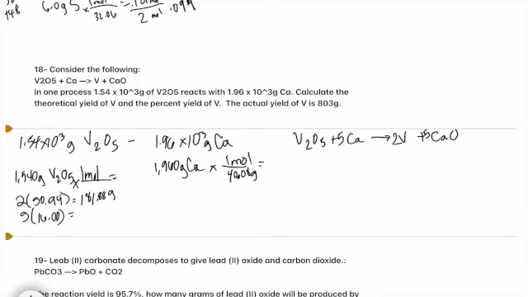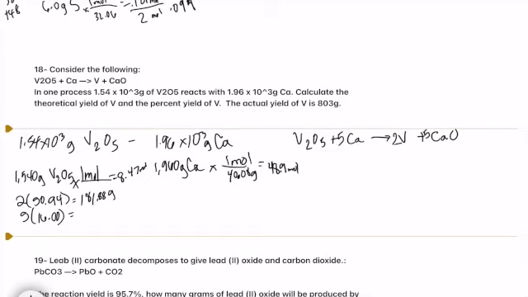So we calculate here our number of moles that are present as reactants. We have 8.47 moles of vanadium oxide, and we have 48.9 moles of calcium.